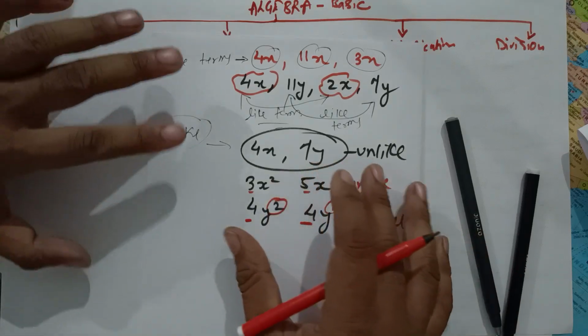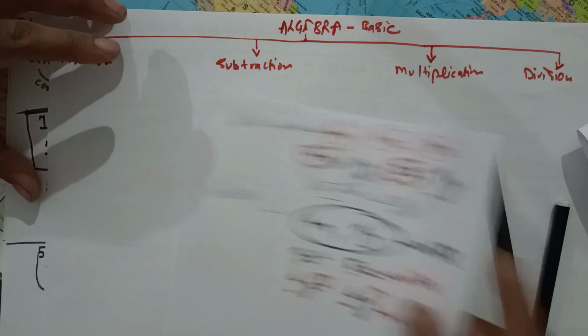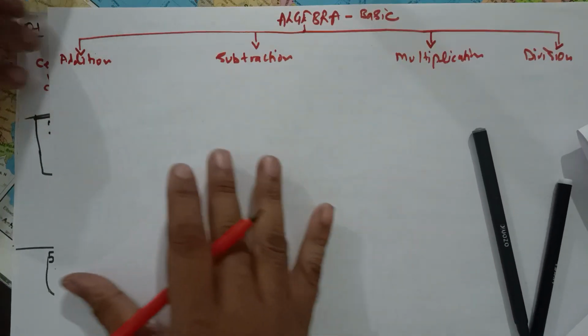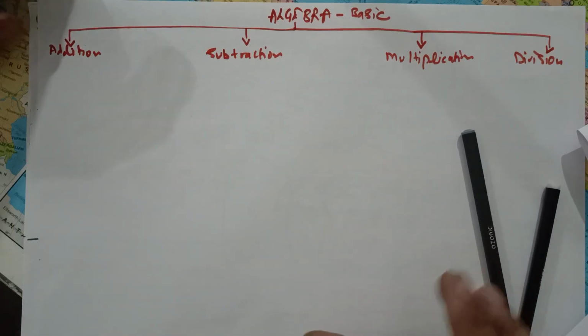Okay. So you got it, like and unlike terms, because here in addition and subtraction we need it. For addition and subtraction we must need like terms to add the algebra.